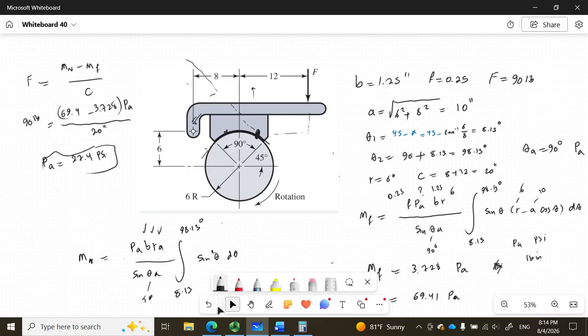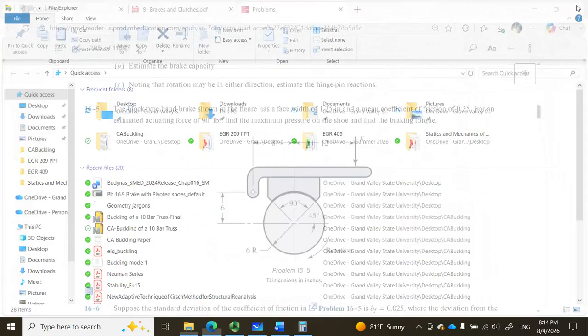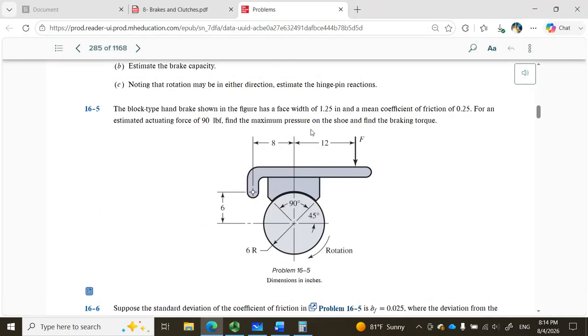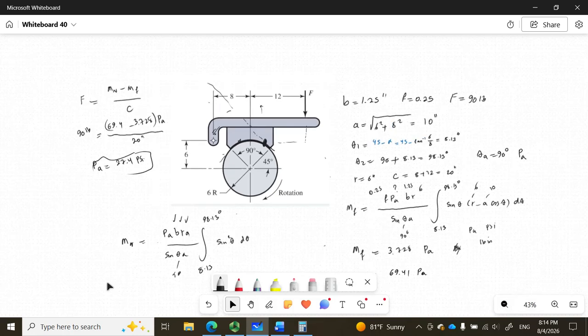Is this what the problem was asking? Yeah, it says find the maximum pressure on the shoe. Okay, so you remember I said that that's gonna happen right here. So we found that, and then the next part says, now that you got that, find the torque applied to the disc or cylinder.